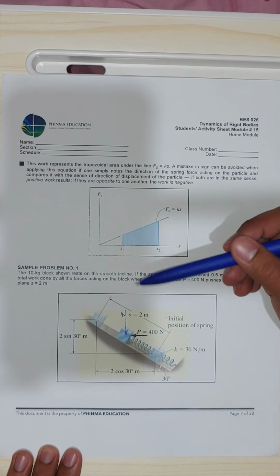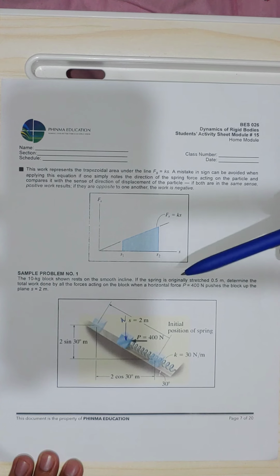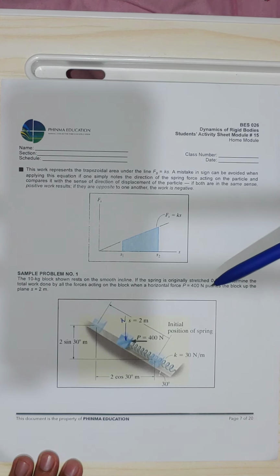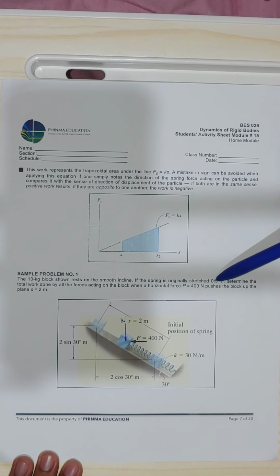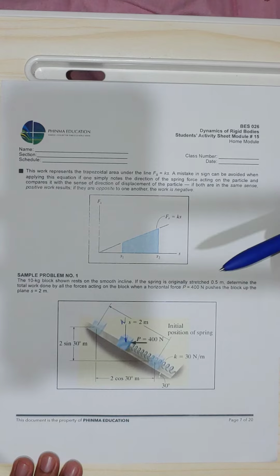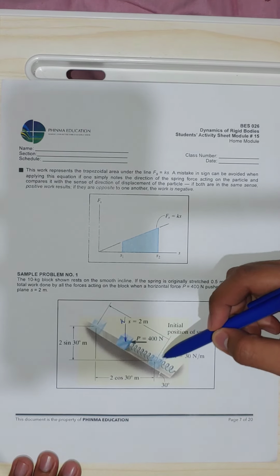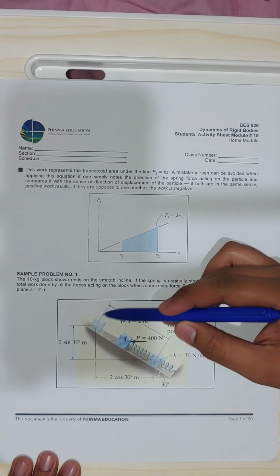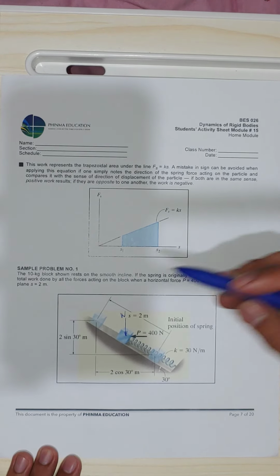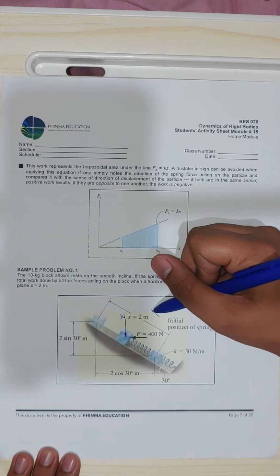The spring force is always opposite to its displacement. The problem says the spring is originally stretched 0.5 meters, determine the total work done by all the forces acting on the block. So originally it is stretched 0.5 meters, and then it is stretched to 2 meters. The motion is going that way, right?